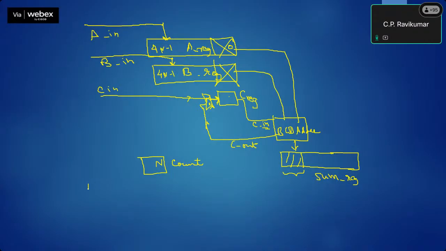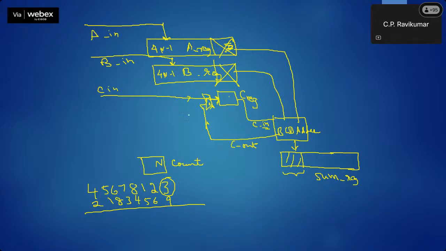Let us say the input is 4, 5, 6, 7, 8, 1, 2, 3. And this is 2, 1, 8, 3, 4, 5, 6, 9. So this 3 will be in A register in the last position here. And 9 will be here. And let us say carry was initially 0. Let us say we are interested in adding 0.